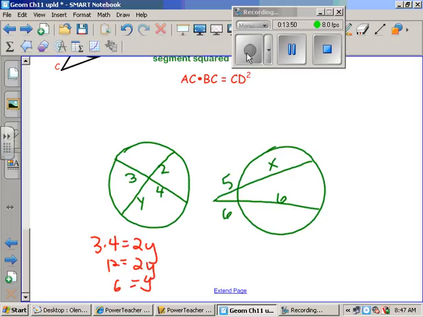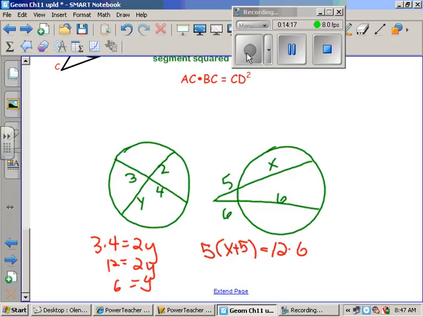Okay? Now that's 2 chords. How about 2 secants? What would the equation for that be? X plus 5 times 5, so the outside times the whole thing, is equal to 12 times 6. The whole thing, which is 12, times just the outside, which is 6. So 12 times 6.